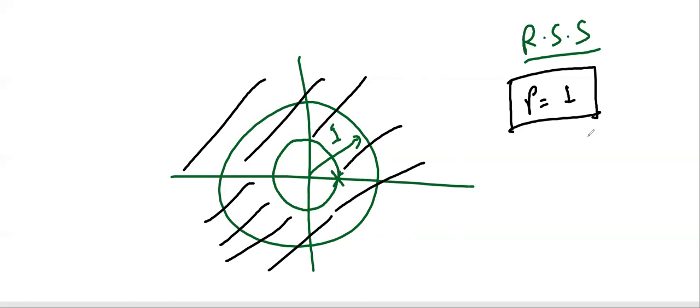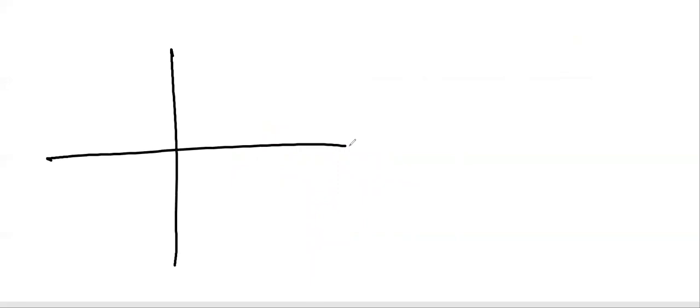So from the very basic understanding, for a causal system, if we have the pole inside the unit circle, that is a stable system. Of course, you know that. I'm just recapping the things.